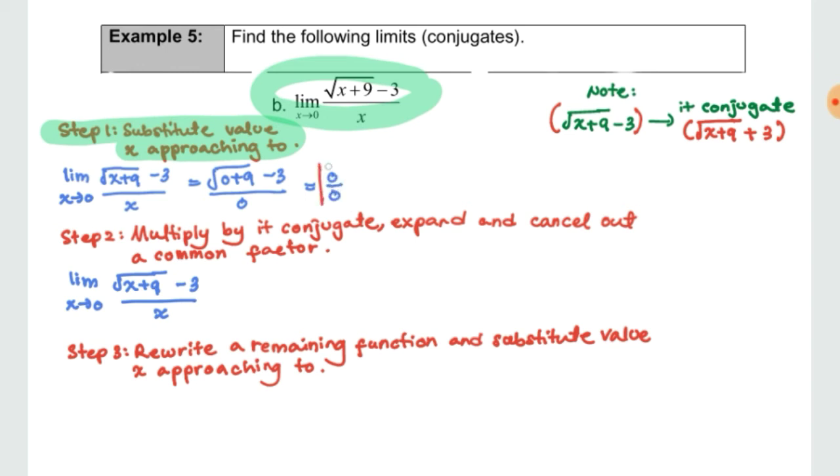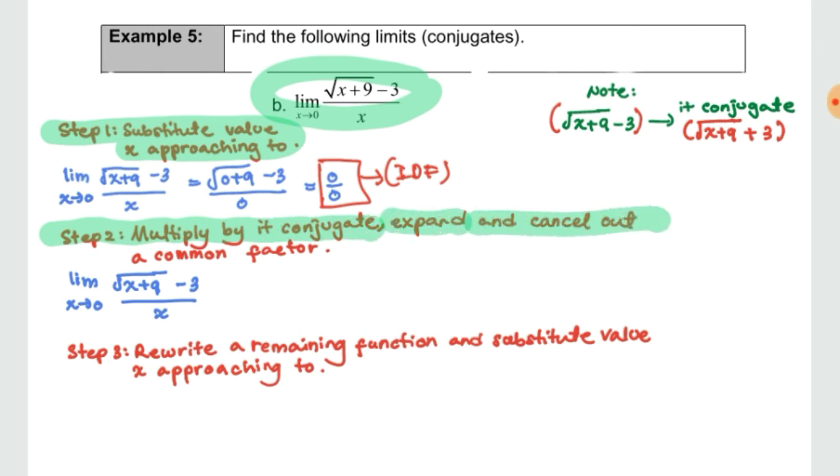This form we call indeterminate form, or IDF. Because we get IDF form, that's why we need to continue to step number 2. Step number 2 here, multiply by its conjugate, expand and cancel out a common factor.